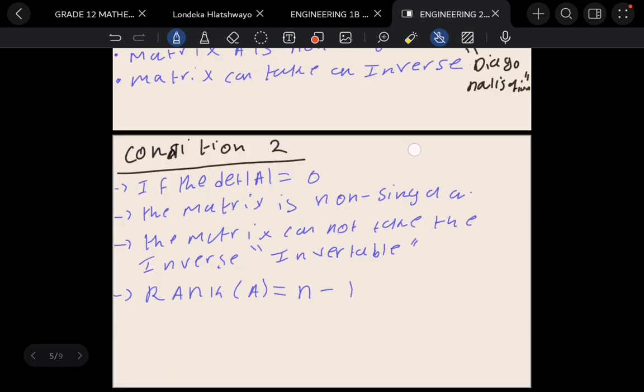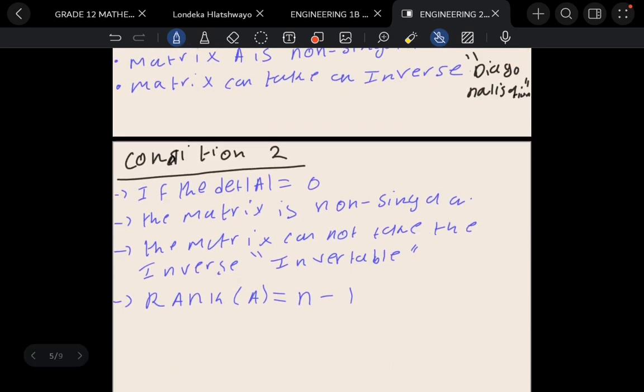Now remember, if the determinant is 0, your rank will become n minus 1 for a matrix of n by n. Your n is the order, and it's the number of rows and the number of columns. Because this is a square matrix, the number of rows is equal to the number of columns.